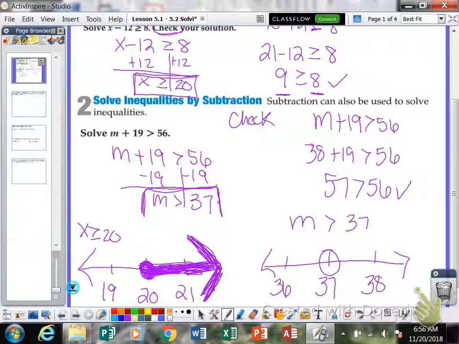Not true. But numbers that are greater than that would work. So I shade in my number line, and like 37.1 is greater than 37, 37.5 is greater than 37. So I know that I can't use 37 because it's open, but anything above it I can use. So that's how you graph them.